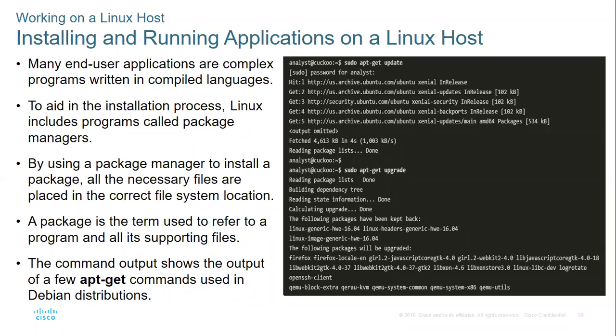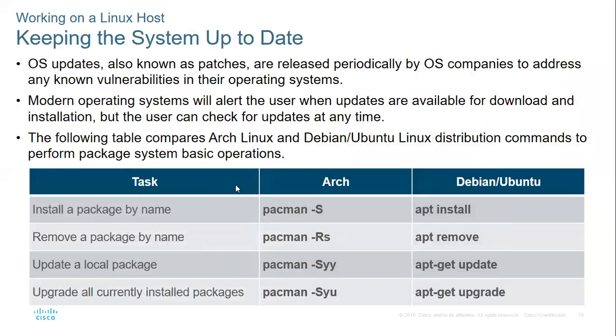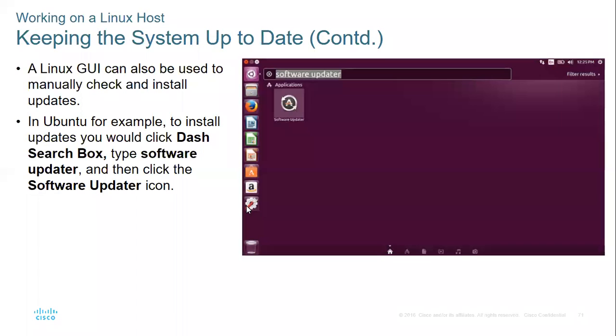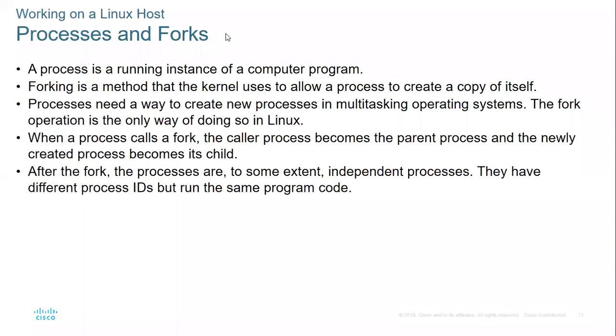If you want to upgrade, again, sudo apt-get upgrade, and quickly it is going to upgrade. So this is how you install and run applications on the Linux host. Or if you want, you can use the software updater app there.